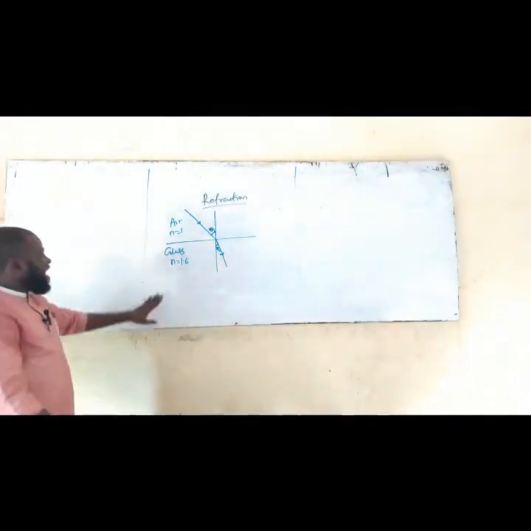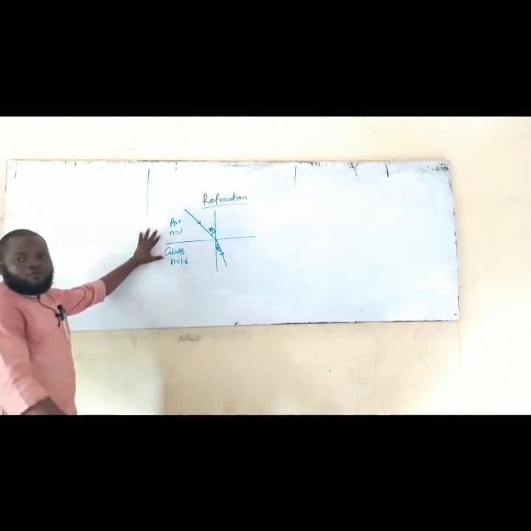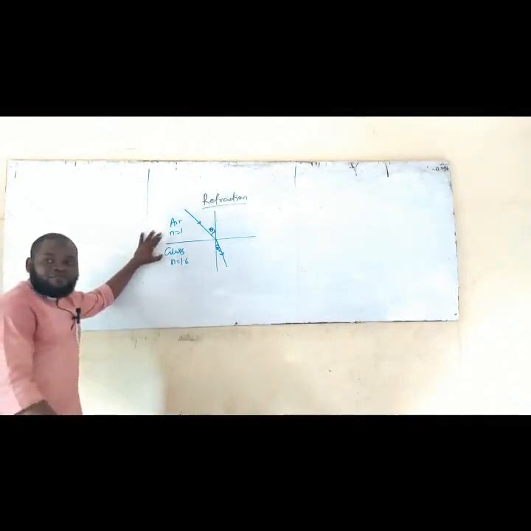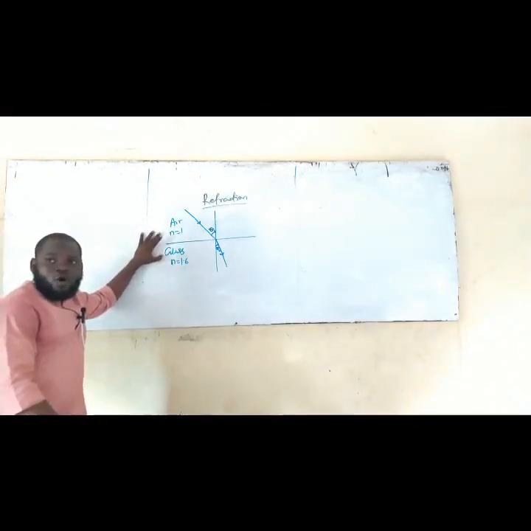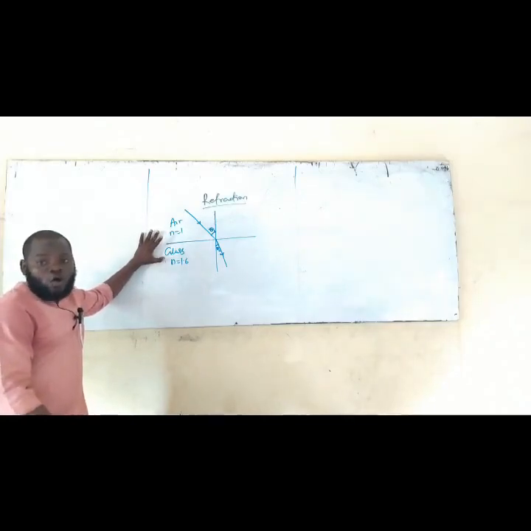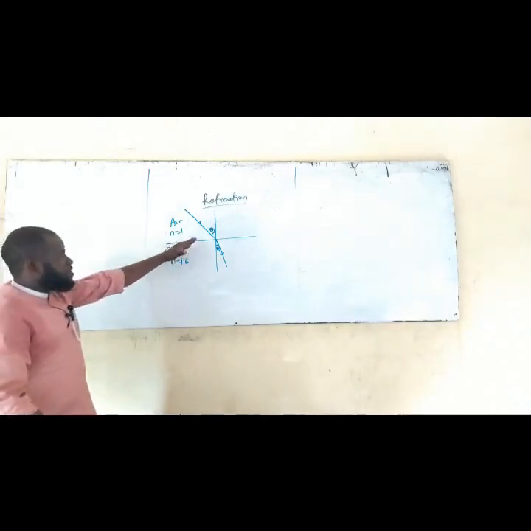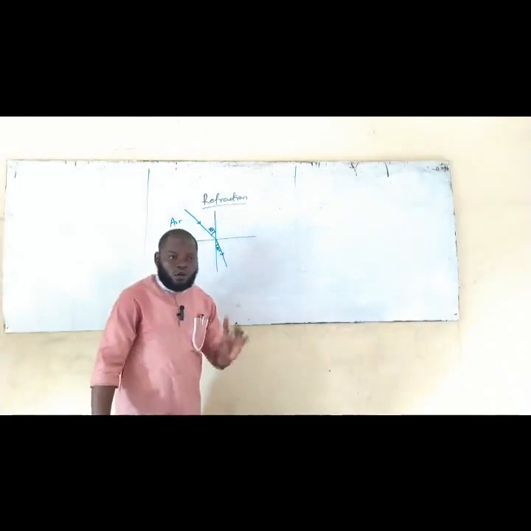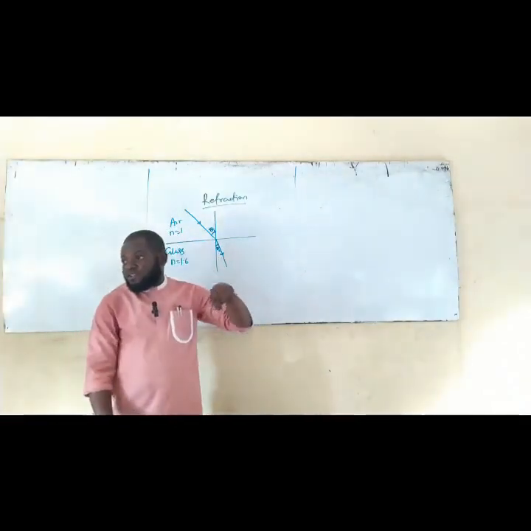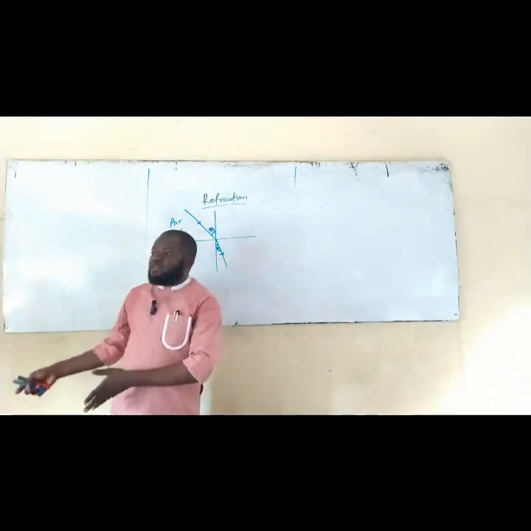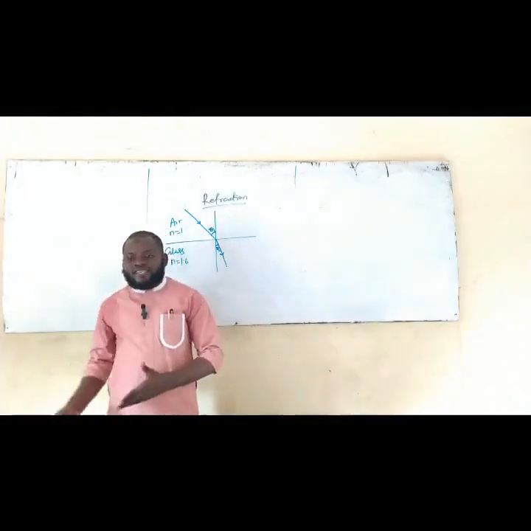But if the light is traveling from a medium that has high refractive index going to a medium with low refractive index, it is going to refract away from the normal. You need to note that, so that when you are carrying out your experiment, you know when you are making sense and when you are not.